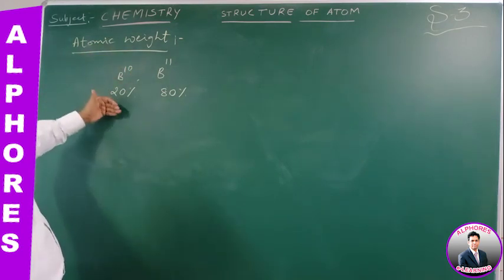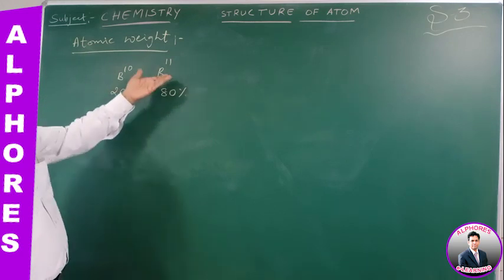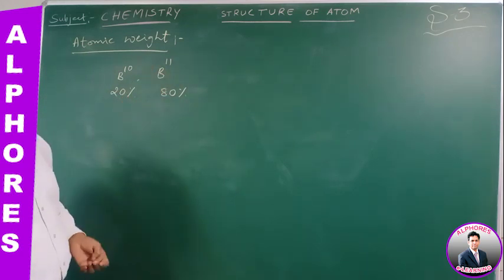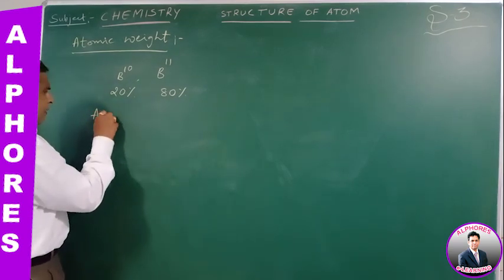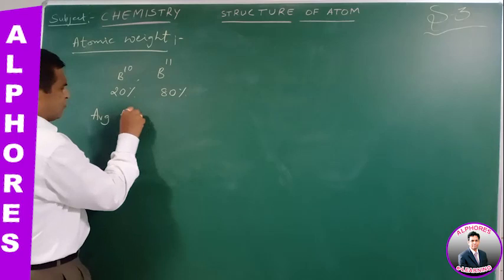Boron 10 occurs 20% in nature and boron 11 occurs 80%. Calculate the average atomic weight of boron.